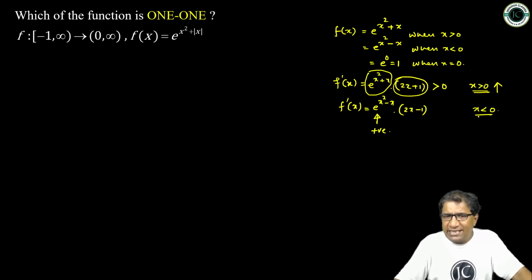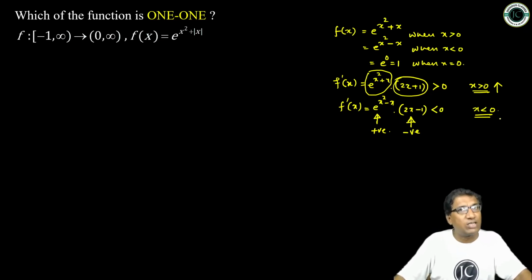But when x is less than 0, 2x minus 1 is negative. Is it clear? So if it is negative, the product will also be negative. Therefore, f dash x is less than 0 when x is less than 0, meaning fx is a decreasing function. Again, in the given domain, from -1 to infinity.